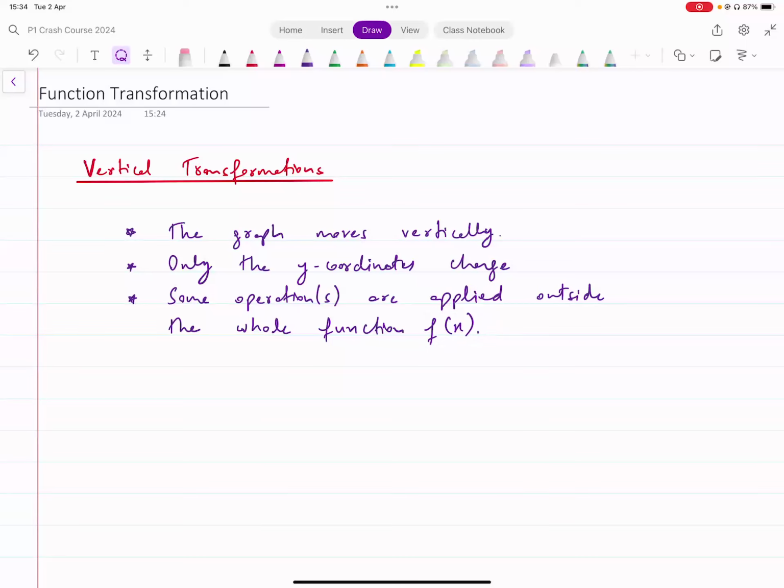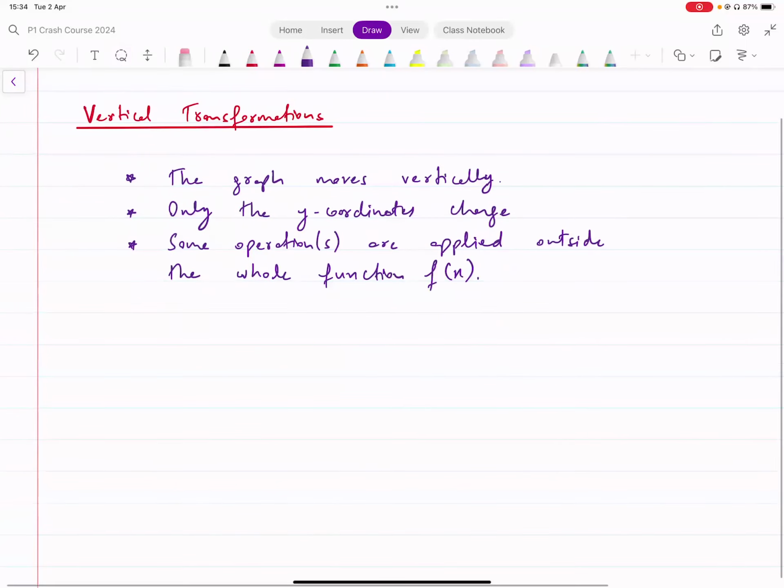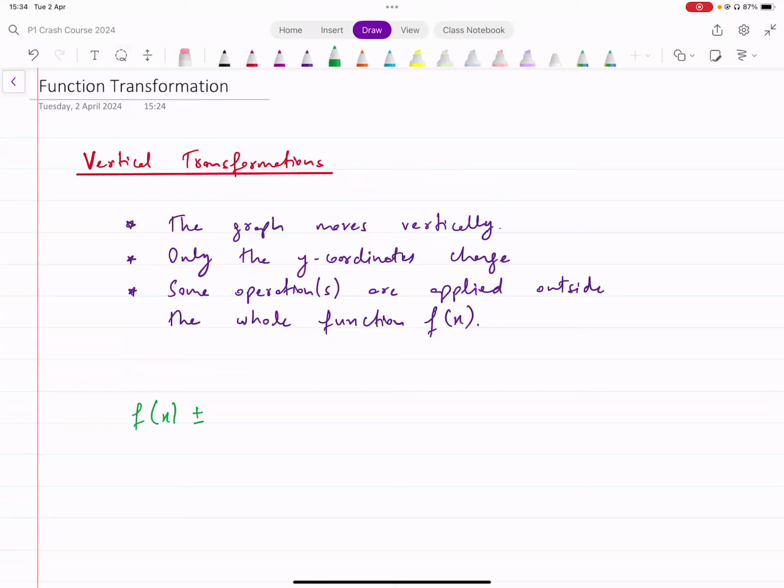In vertical transformations, outside f of x, we might, for example, add or subtract something outside f of x, plus minus some number, let's say b. We could multiply f of x by some number, let's say a into f of x. We could multiply f of x by the minus sign. These are the 3 things that can happen. All right, something happens outside the function.